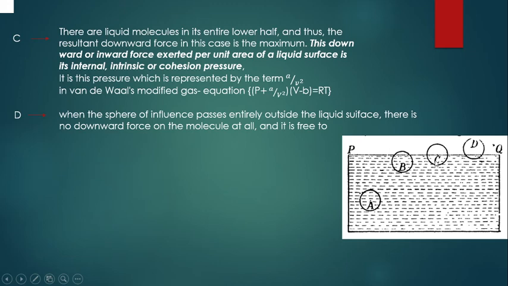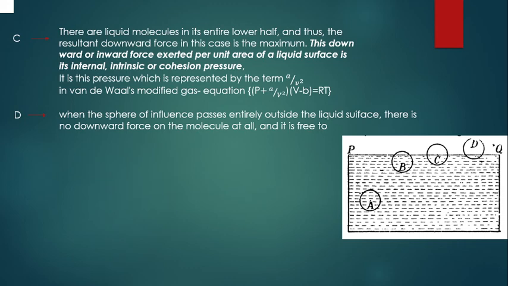We all know that pressure equals force per unit area. So here in the case of the C molecule, the downward force is maximum compared to all others. So the downward force exerted per unit area of a liquid surface is called the cohesion pressure.